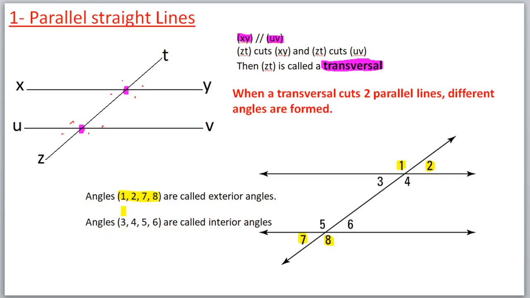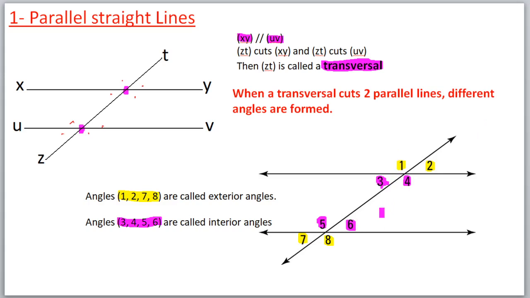Angles 3, 4, 5, and 6 are called interior angles. So exterior is from outside, interior is from inside, which means between the lines.